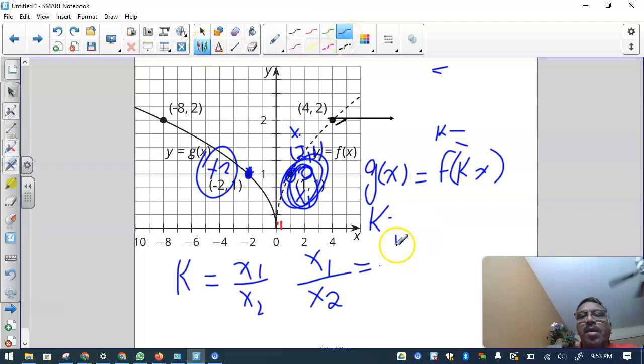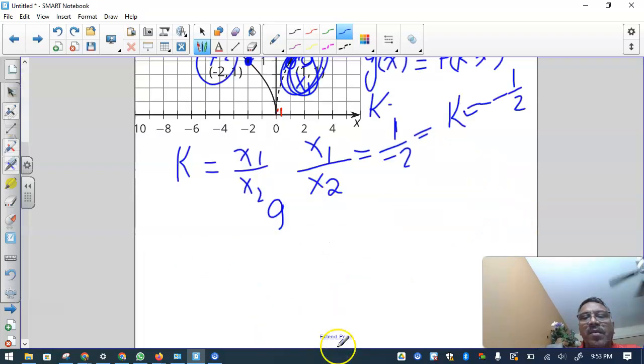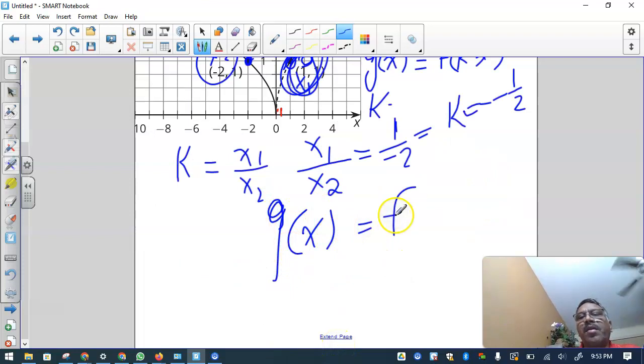So x1 is 1, and the other one is minus 2. So this equals k, that is minus half. So your function becomes g of x is f of kx, where k is minus half of x.